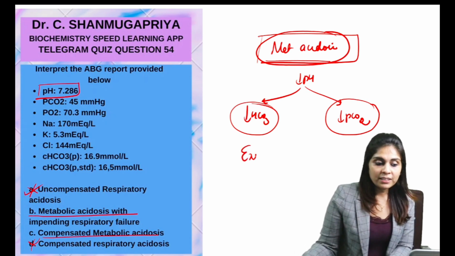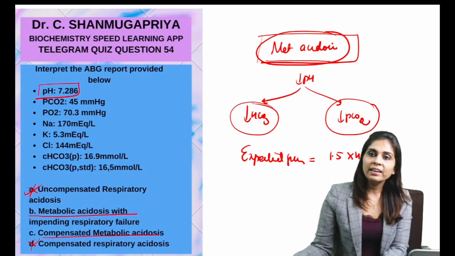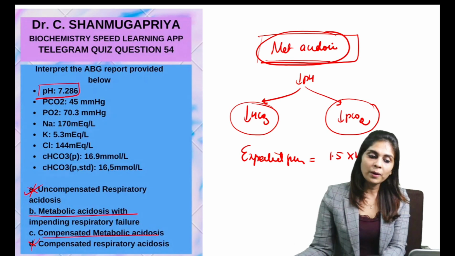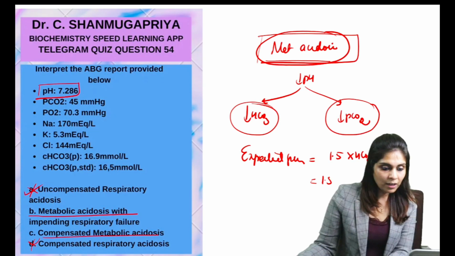Expected PCO2 is equal to 1.5 into bicarbonate plus 8. So what is the bicarbonate value here? Bicarbonate value here is 16.9. I'm going to take it as 17. 1.5 into 17 would be 25.5, plus 8, which is 33.5.